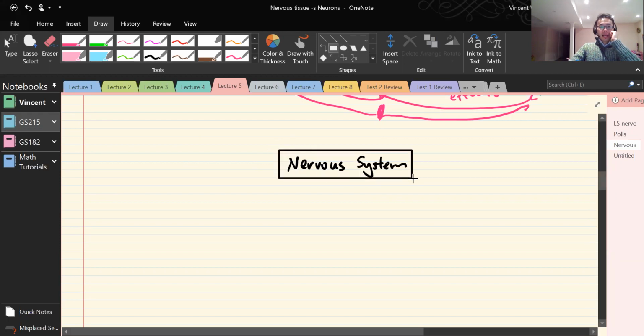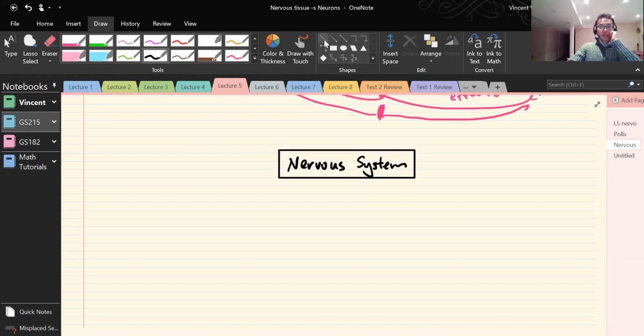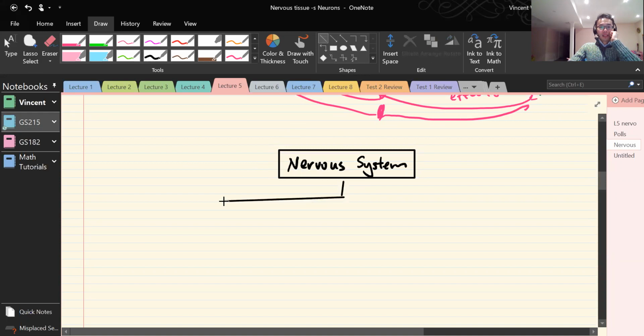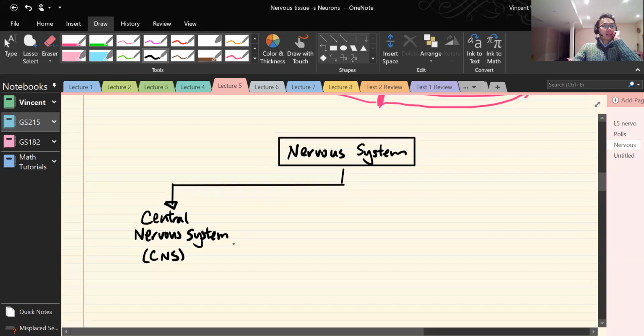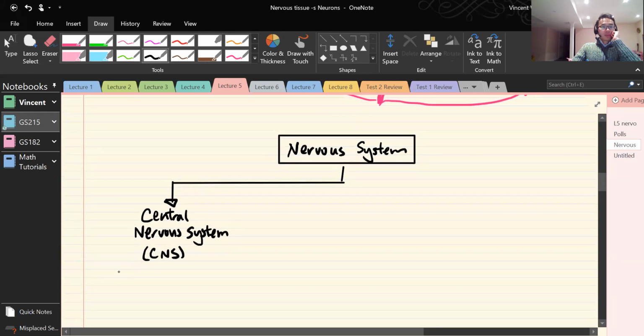And as you know, the nervous system is divided into the central nervous system, the CNS, right, which again is going to be brain plus spinal cord.